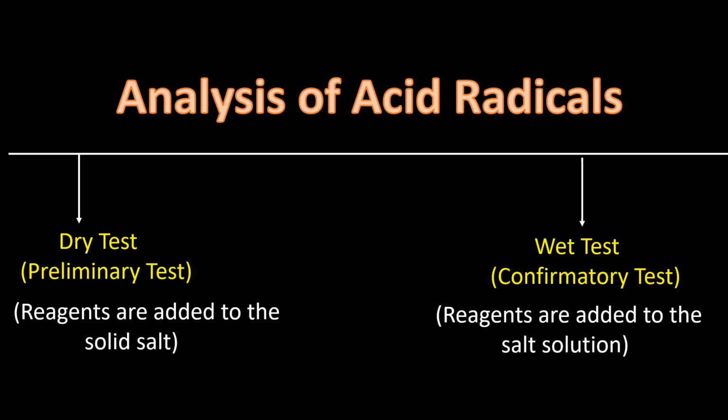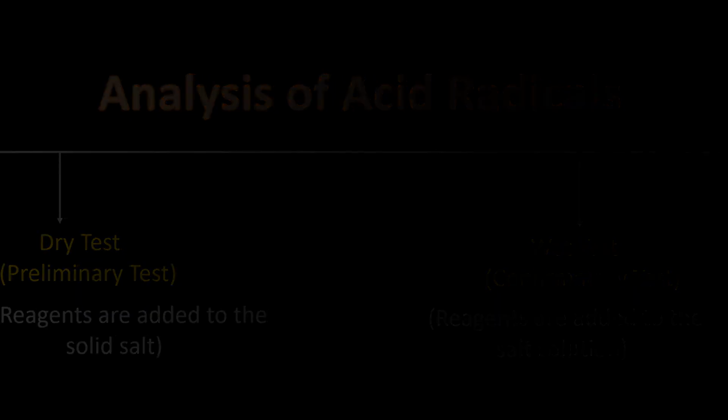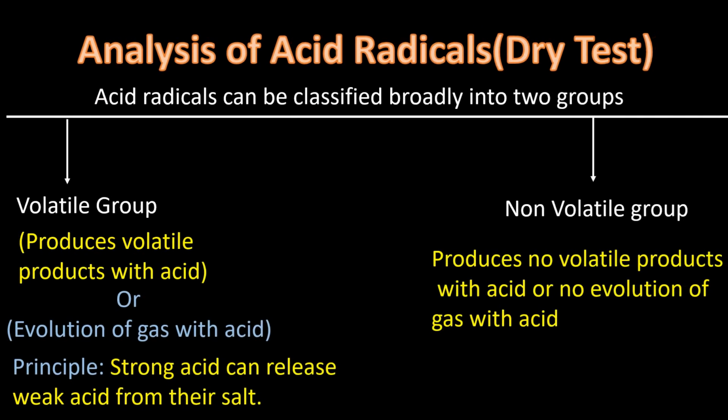Even a few dry tests are also considered as confirmatory tests of the acid radicals. But in the wet test, we prepare the solution and the reagents are added to the solution of the salt.